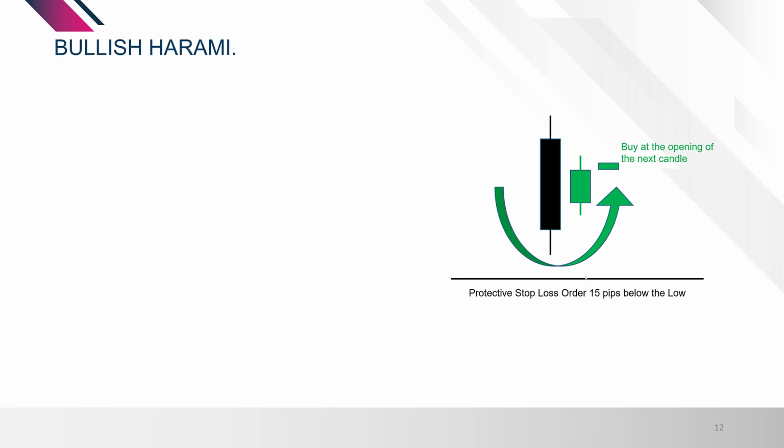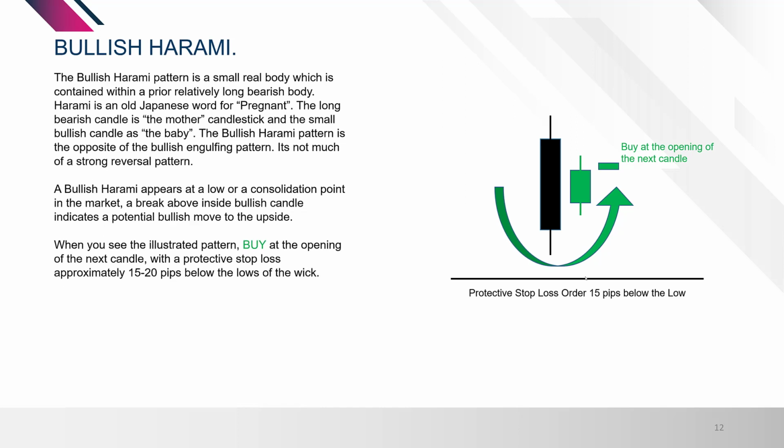Now let's look at a bullish harami. The bullish harami pattern is a small real body which is contained within a prior relatively long bearish body. Like I said earlier on, harami is an old Japanese word for pregnant.